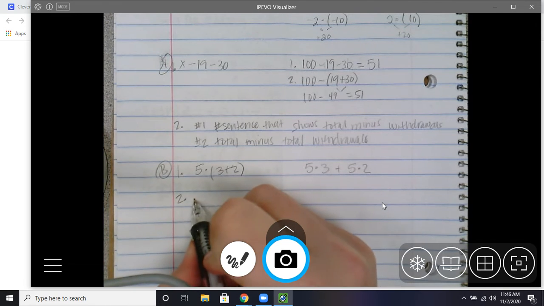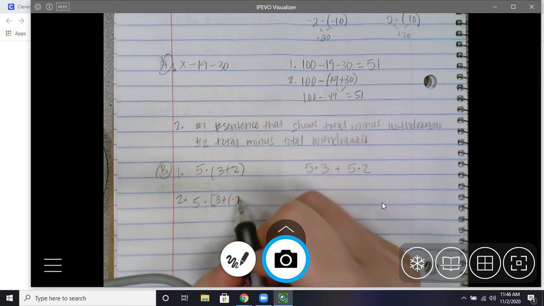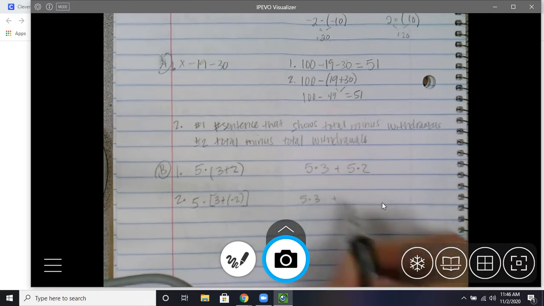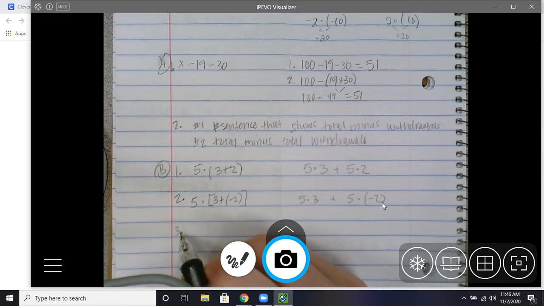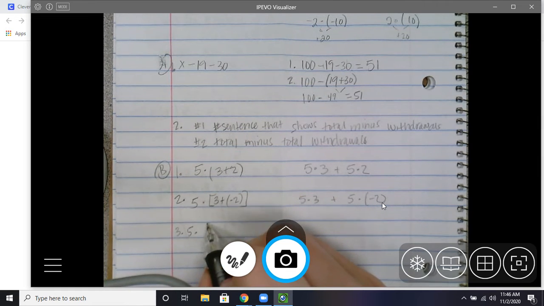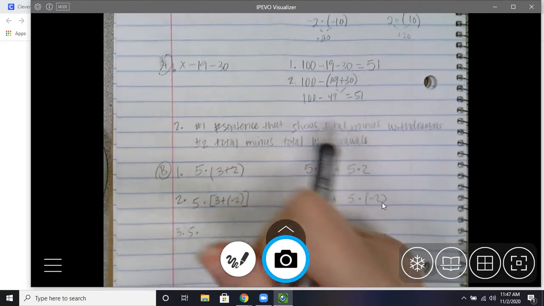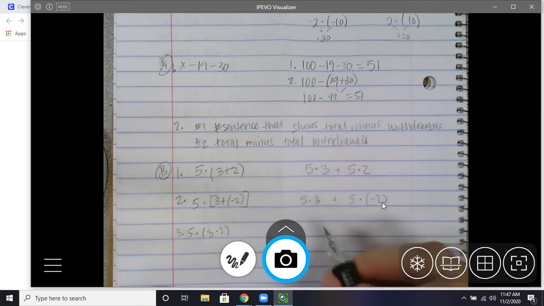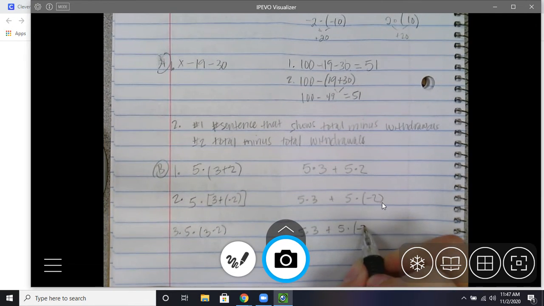Number 2 says 5 times 3 plus negative 2, which would be 5 times 3 and 5 times negative 2. Number 3, 5 times, oopsie, it doesn't have a bracket on that one. 3 minus 2, so 5 times 3 and 5 times negative 2.